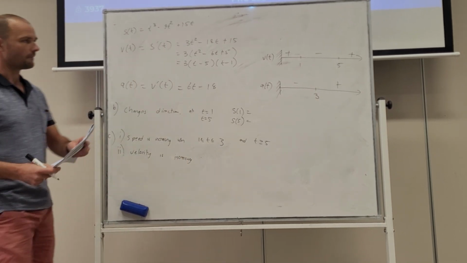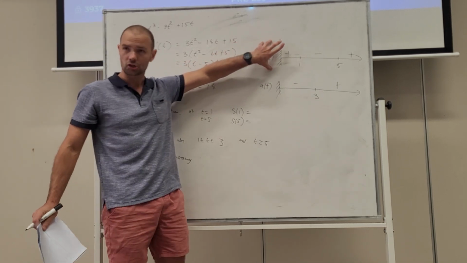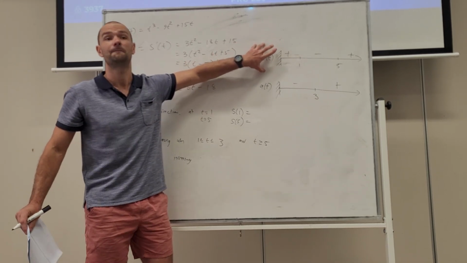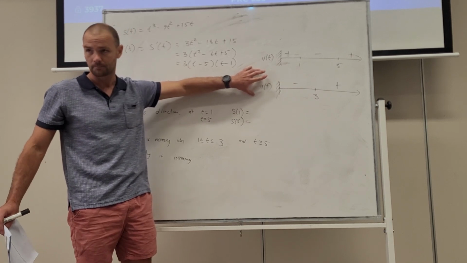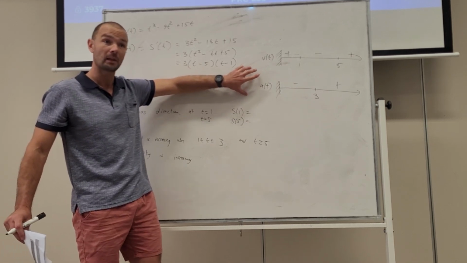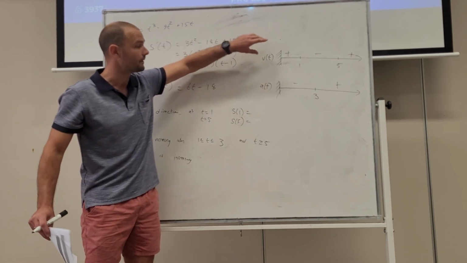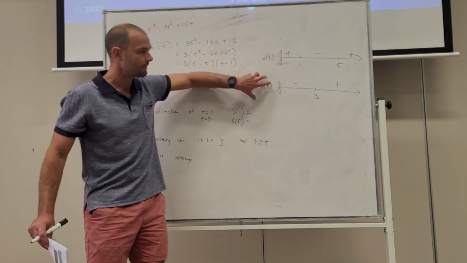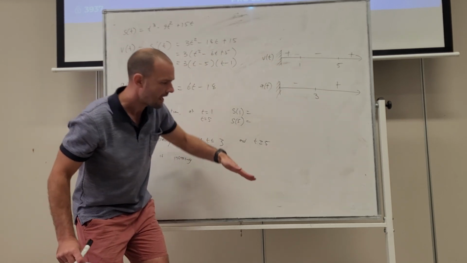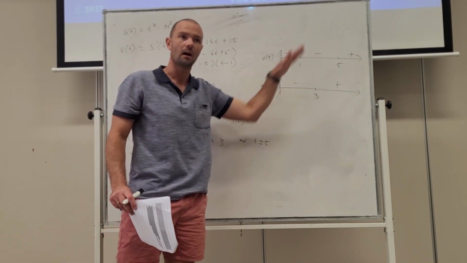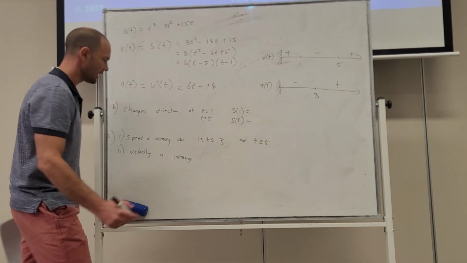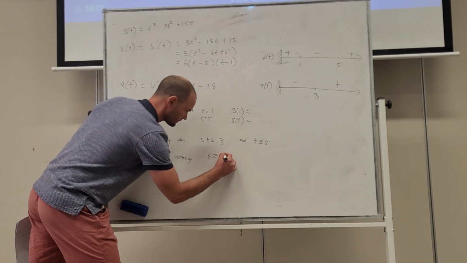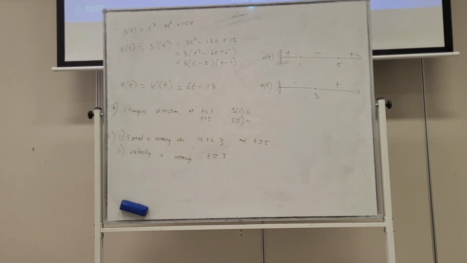If you think about it, if v of t is our function, a of t is the derivative function. And so this explains the slope of v of t. And so we have v of t is decreasing and then increasing. The velocity is increasing for values of t larger than 3. Really good.